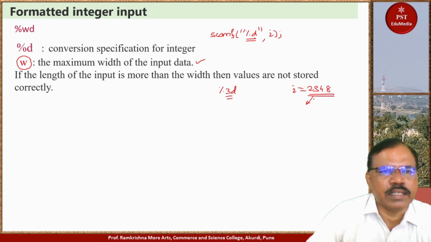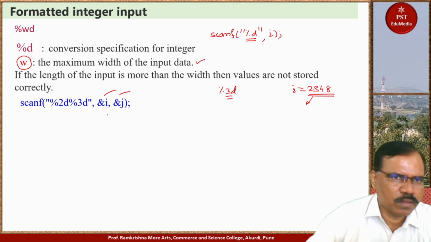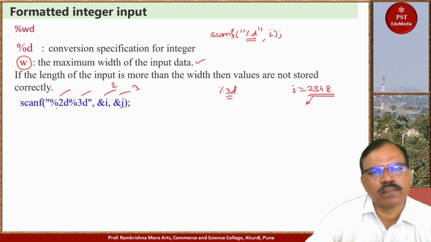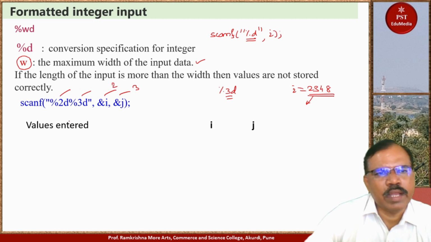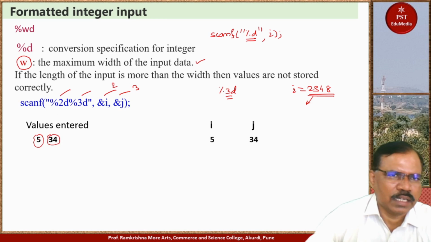For example, if we take here two arguments, i and j, then %2d, %3d. So for i the width is 2, for j the width is 3. Suppose the values entered are 5 and 34. Since this is 5, only one position is required, and this is 34, two positions are required.